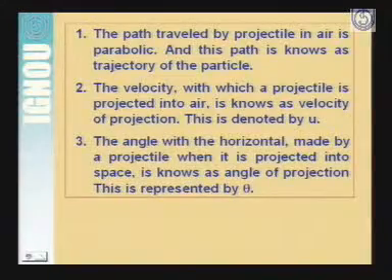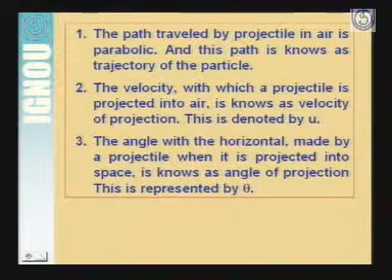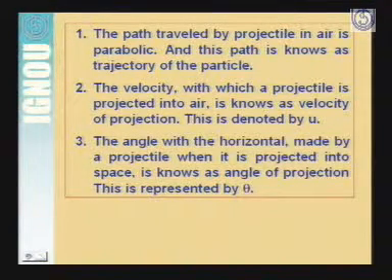So here you see that the path traveled by a projectile in air is parabolic, and this path is known as the trajectory of the particle. The velocity with which the projectile is projected into air is known as the velocity of projection. It is denoted by u.